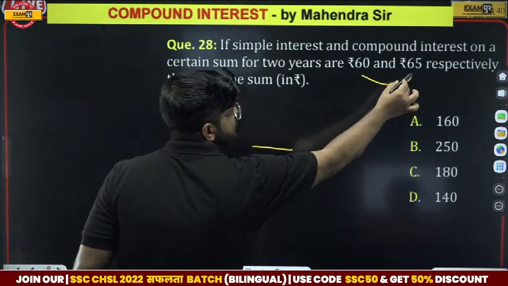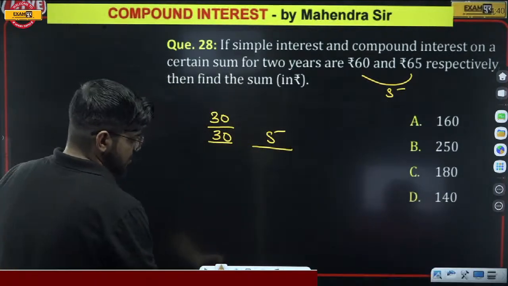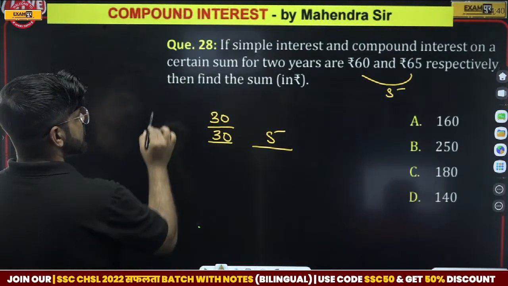So the difference is 5. You have to calculate the sum.